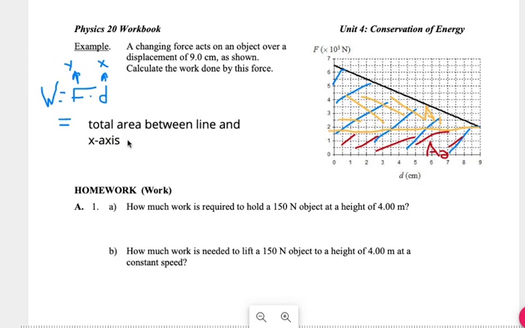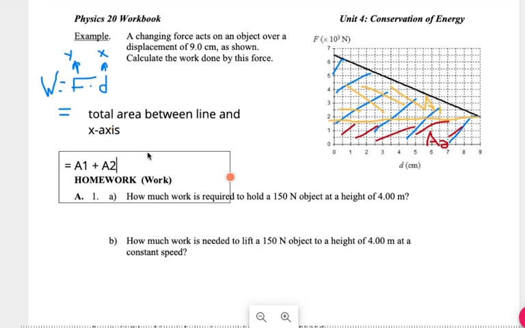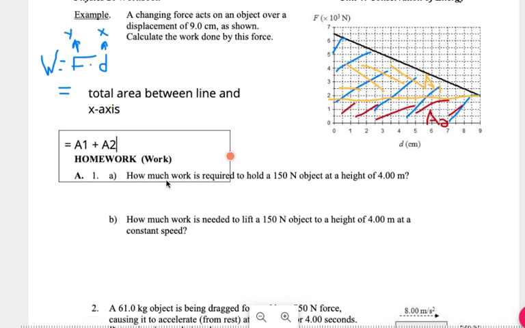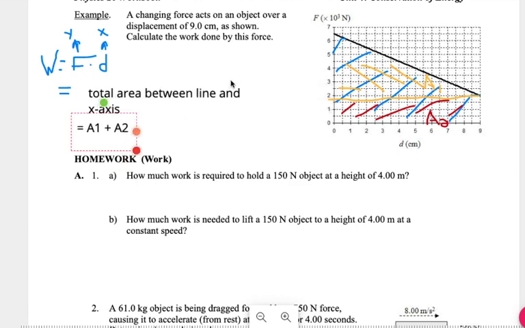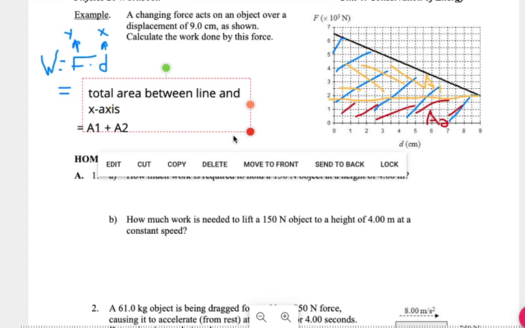Our area 1 plus our area 2 will give us the total area of both the triangle and the rectangle. So for our triangle, we're going to do half of base times height, or length times width, however you want to talk about it.